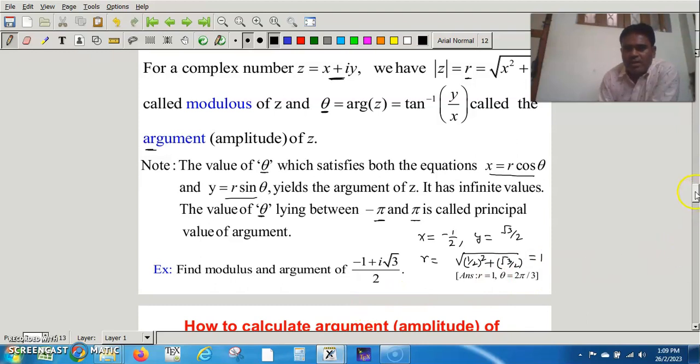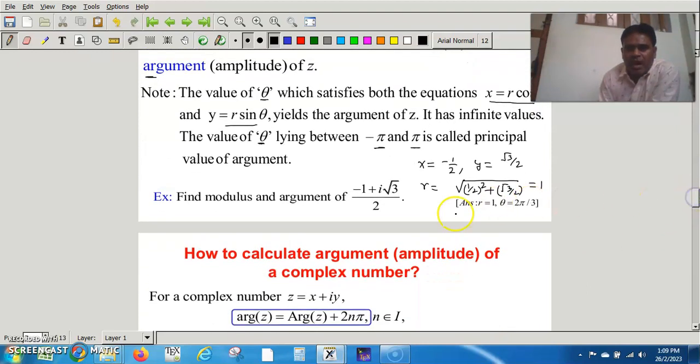Similarly, we can find the argument of this complex number. To find the argument, we write theta is equal to tan inverse y by x. Y means root 3 by 2 divided by minus 1 by 2. So you will get tan inverse of minus root 3.